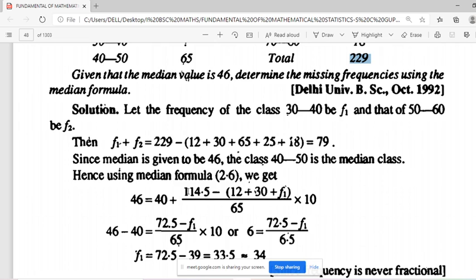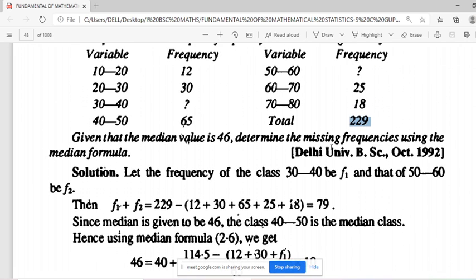Since the total is 229, what will be the half of this value? 114.5. So what will be the median class? You can see that here we have 25 and 16, and the remaining class frequency is 42.